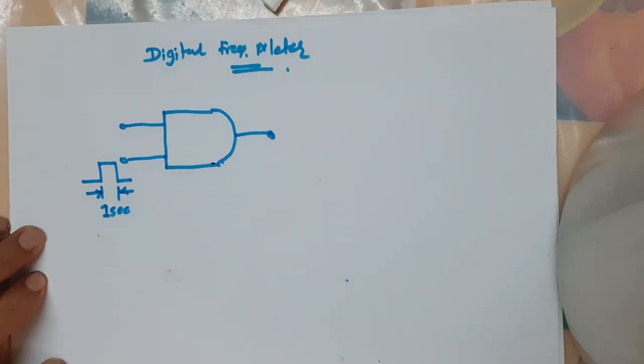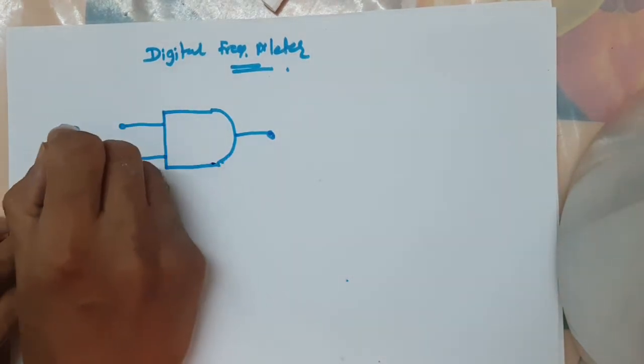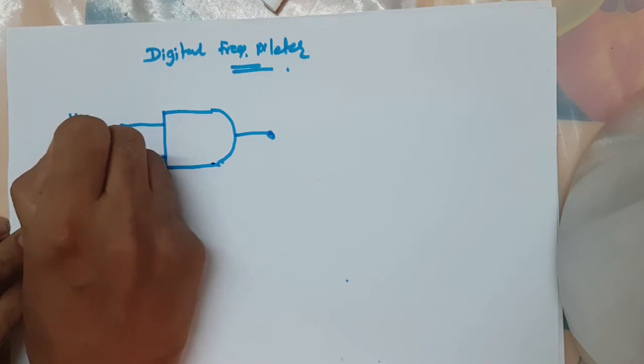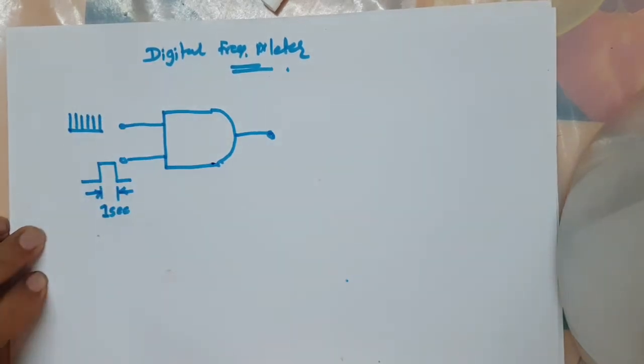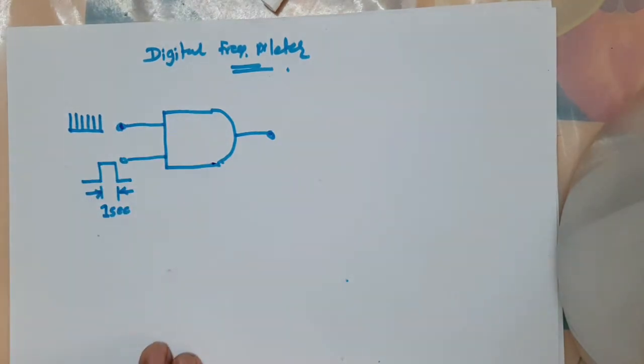The signal waveform is converted to trigger pulse and applied continuously to the AND gate as shown in the figure. This is our pulse, applied to the first terminal.